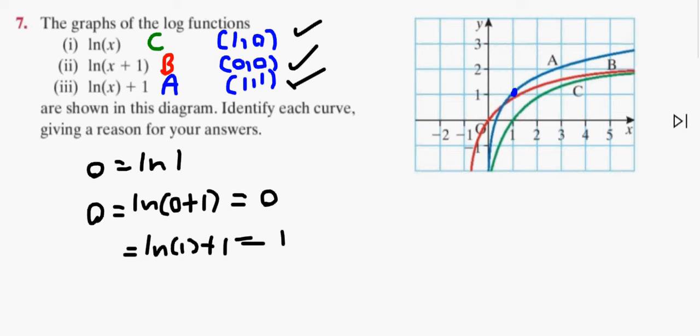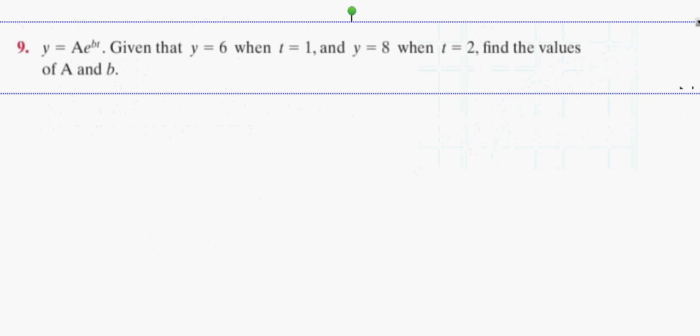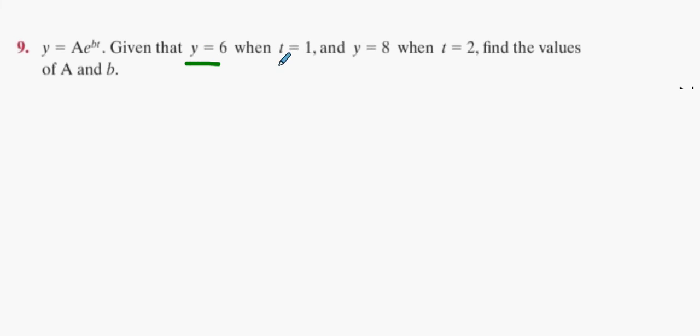Alright, let's go on. This one. Okay. This ain't too bad at all. Y is 6. At t equals 1, isn't it? So it's a e to the power of t. You okay with that?